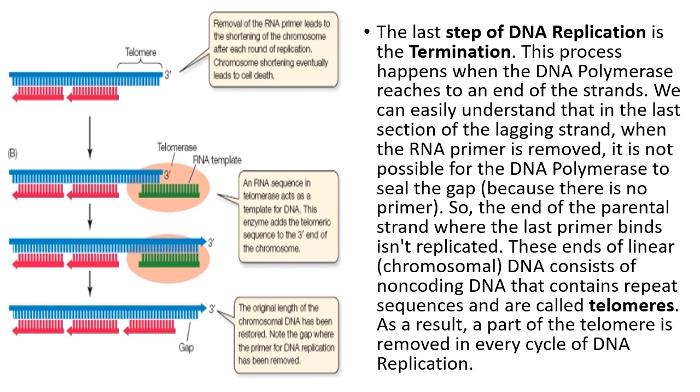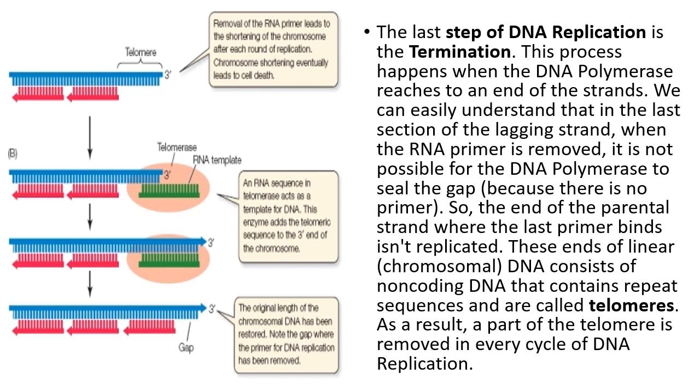When the replication fork reaches the end of the linear chromosome, there is no place to make a primer for the DNA fragment to copy at the end of the chromosome. These ends thus remain unpaired, and over time they may get progressively shorter as cells continue to divide.